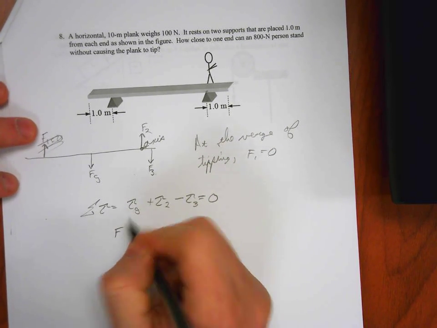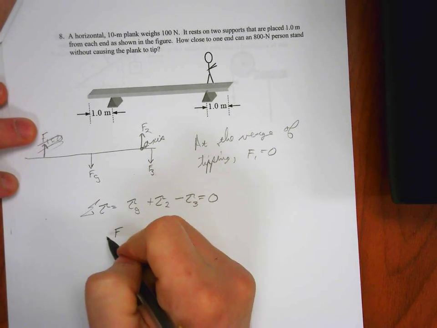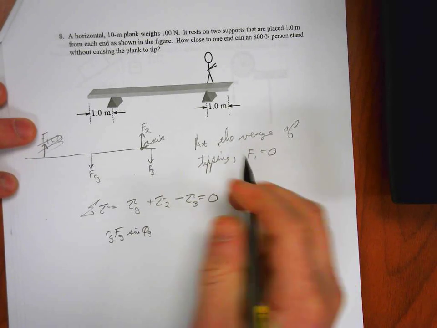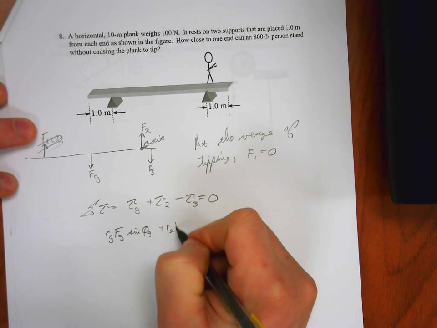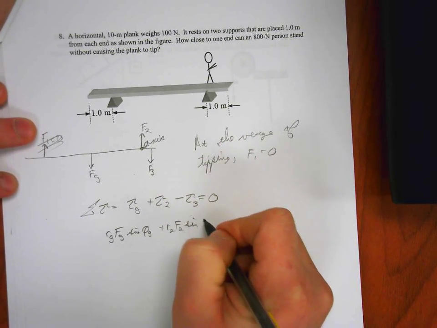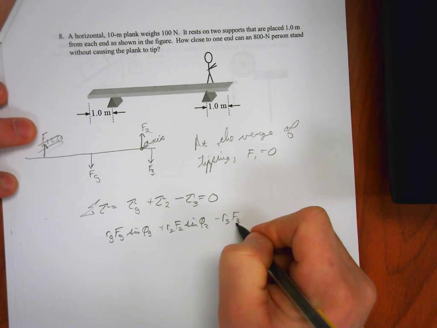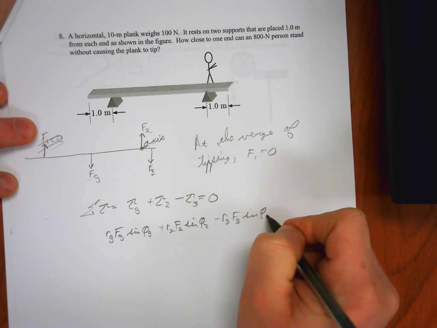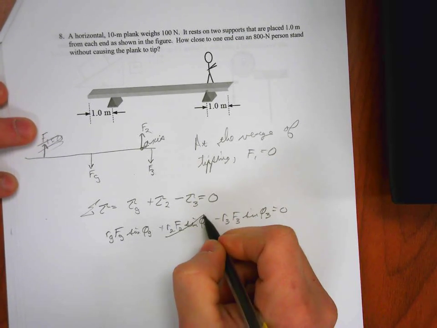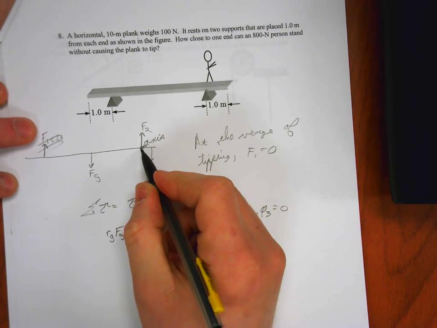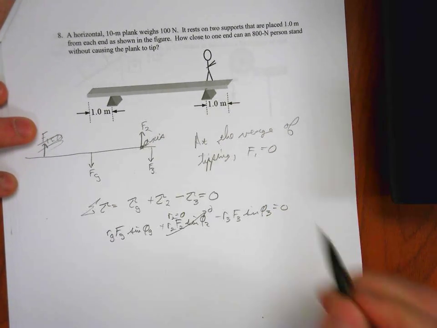So expanding the torque, well, RG FG sine phi g plus R2 F2 sine phi 2 minus R3 F3 sine of phi 3, that equals 0. And this whole term equals 0 because R2 is equal to 0, only because we chose the axis right here.